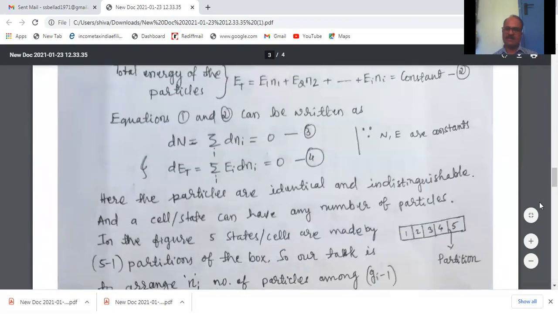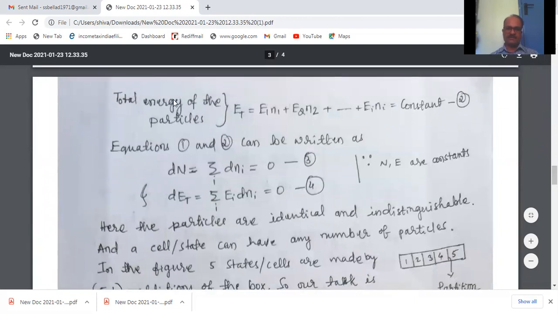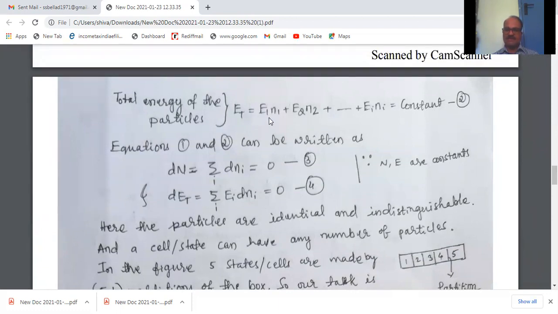Next, the total energy of the particles is equal to E1 N1 plus E2 N2 plus ... Ei Ni, equal to constant. This is also the same as in the Maxwell-Boltzmann distribution, and here E1 is the constant energy possessed by all the particles present in the N1 group, and so on.